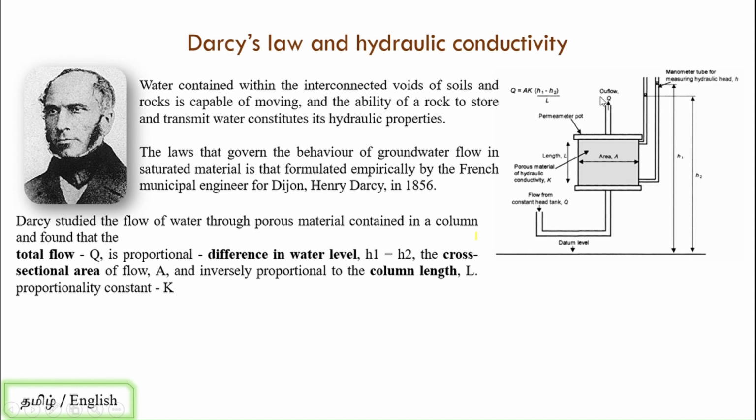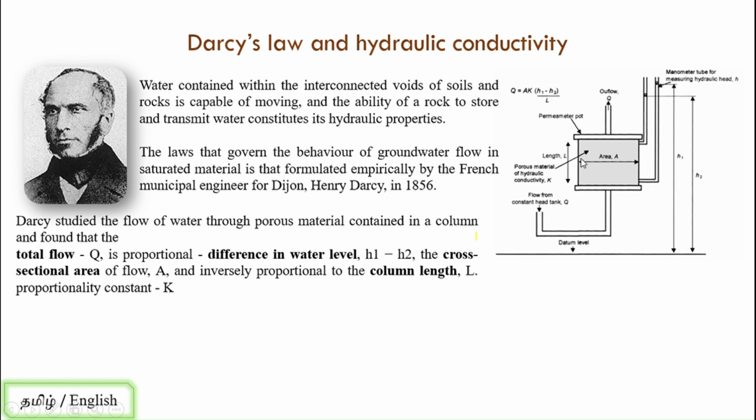So this amount is proportional, first, to the difference in water level. What is the difference in water level at the entrance and at the exit? So this is H1 and this one is H2. H1 minus H2 will give you the difference in water level, and then the cross-sectional area. As you can understand, if the difference in head is high, the outflow will be very high, right? As it is directly proportional.